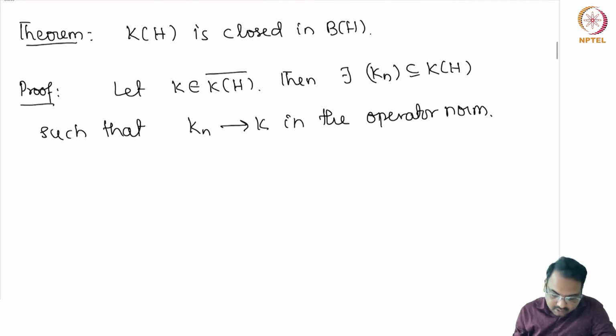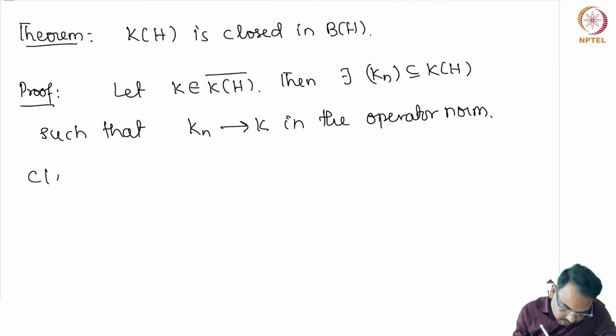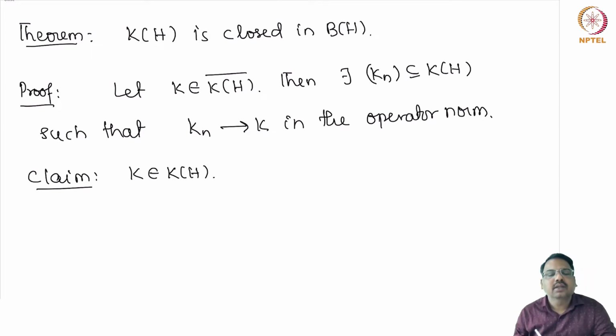Our aim is to show that K is compact. So for this we have to start with a bounded sequence in H and show that K of that bounded sequence has a convergent subsequence.